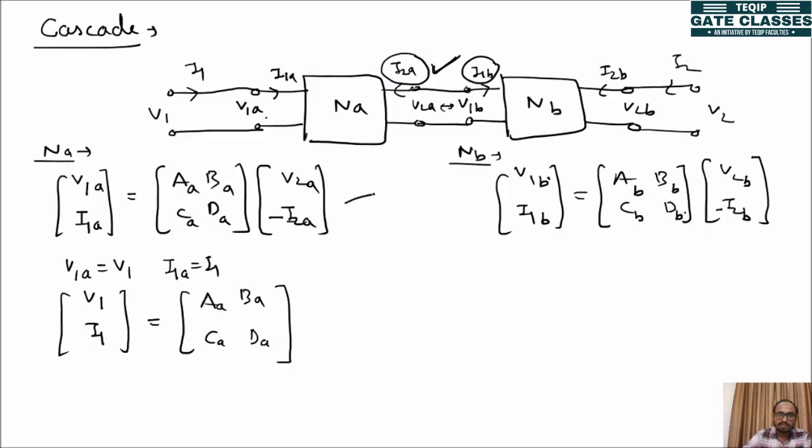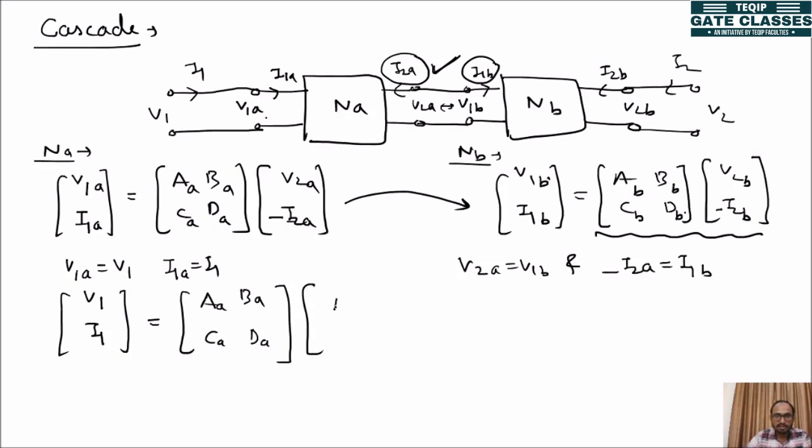So this is nothing but this matrix. So we can replace it with this term also, because again I am writing here V2A is equal to V1B and minus I2A is equal to I1B. You can see in the network. So we are putting this here, in place of V2A, minus I2A.